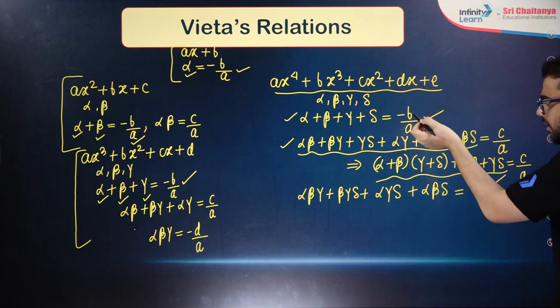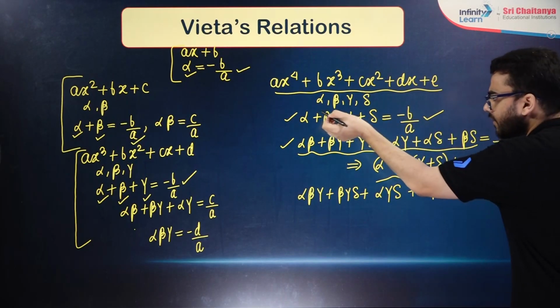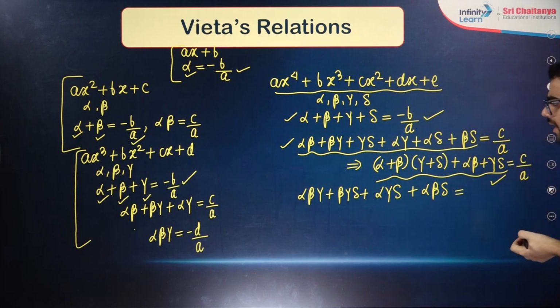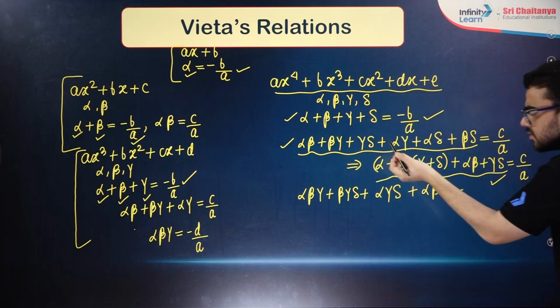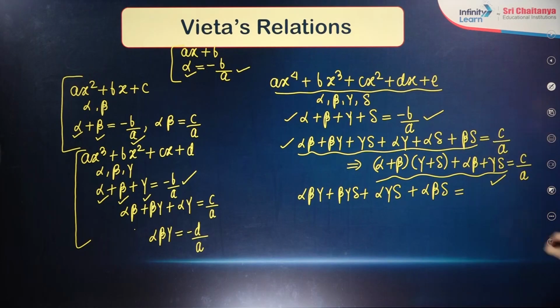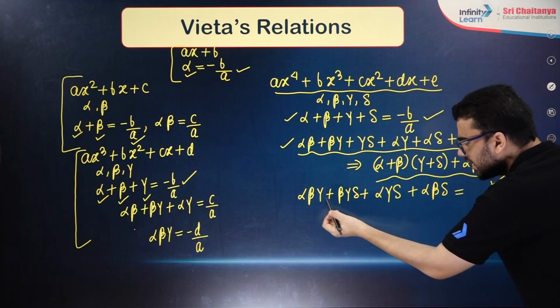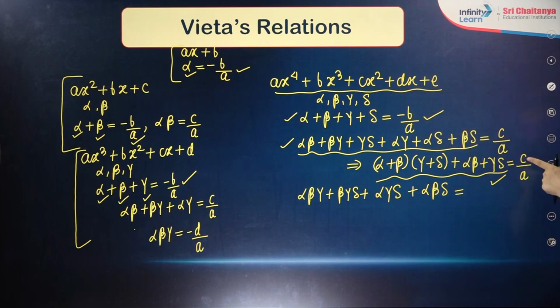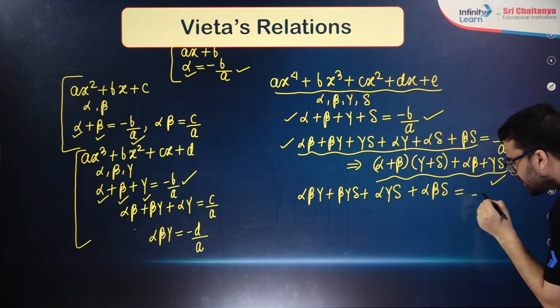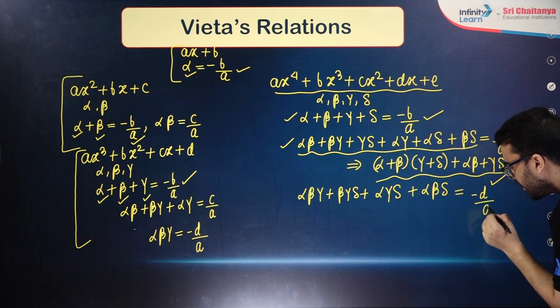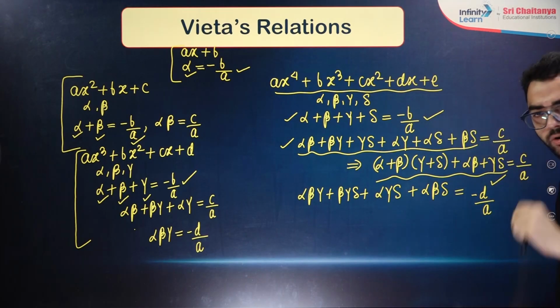Now you see, if you are taking 1 zero at one time, it is minus b by a. If you are taking 2 zeros at one time, it is c by a. You see the sign change from minus b to plus c. And if you are taking 3 zeros at one time, from plus c, it will be minus d by a. This is very important, right? Now one more thing.